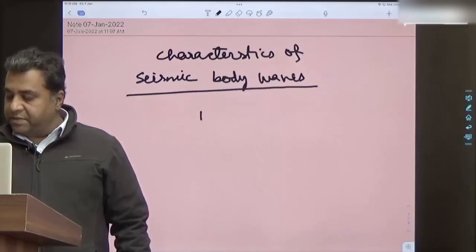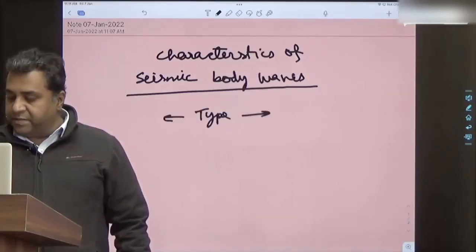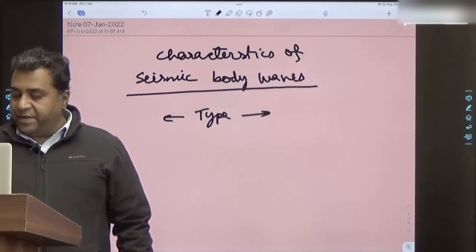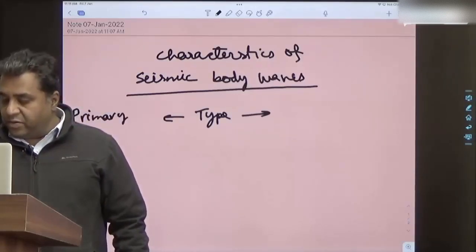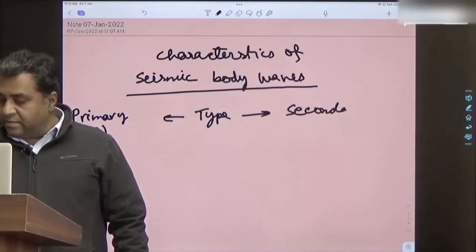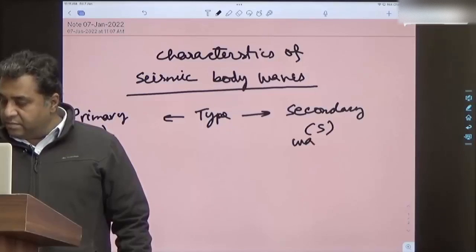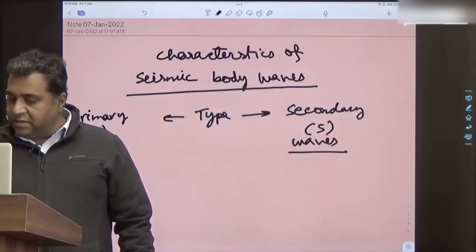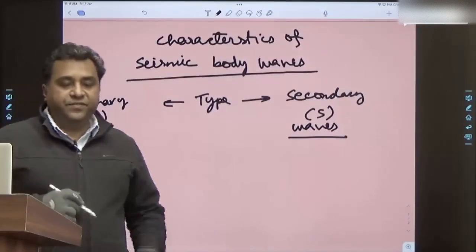First, types. We have two types of seismic body waves. We call them the primary or P waves and the secondary or S waves. So this is the type of body waves that we have.